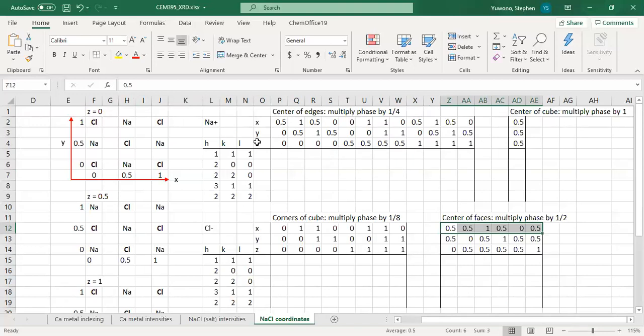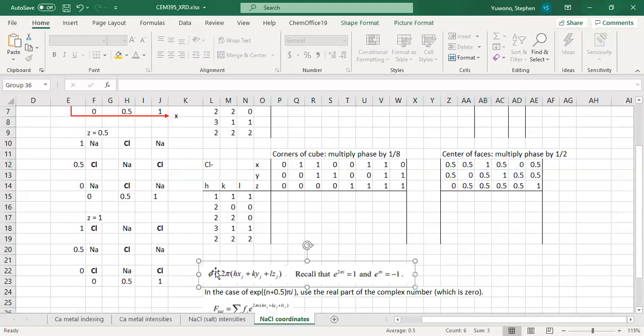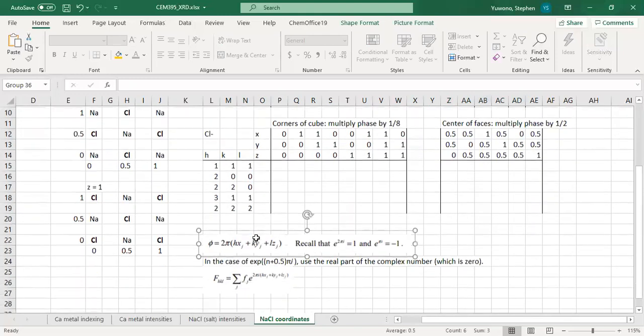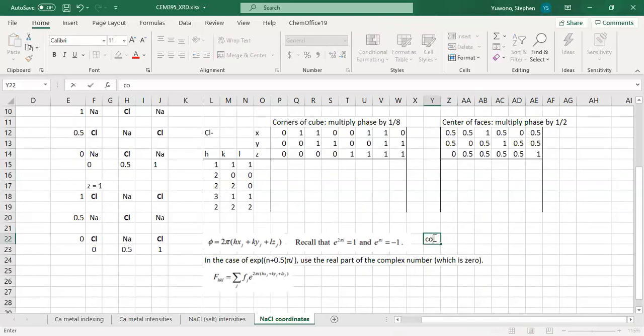Okay, so now once we have this table, what do we need it for? Remember, our original intention was to calculate the structure factor, which is 2 pi times hx plus ky plus lz, and then plug that into the exponent. Now, the cool thing is that you can expand using Taylor series, so e to the number multiplying i can be regarded as cosine.